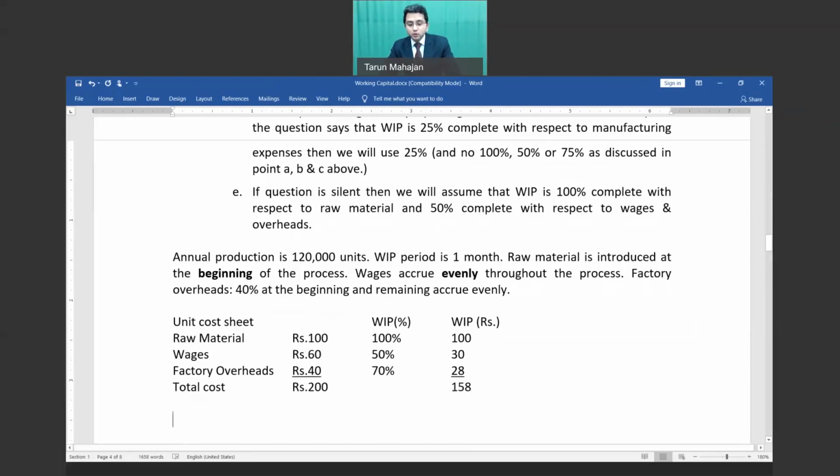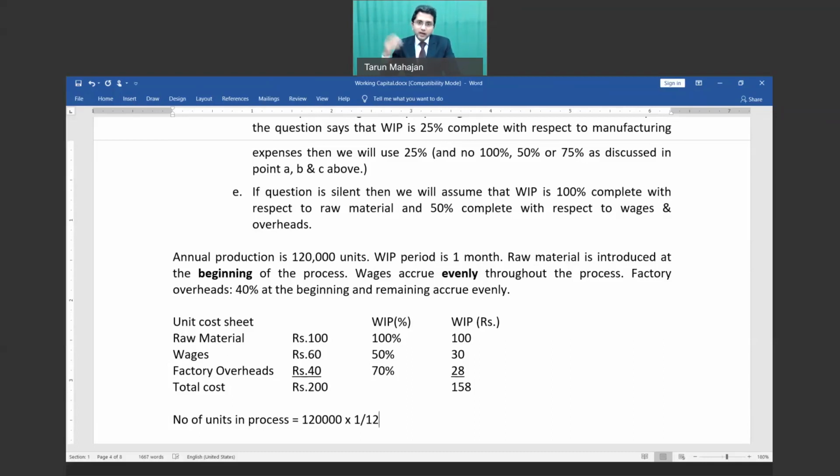Now, the number of units in process. You know, 1,20,000 units per annum are there. And 1 month period is the process period. Annual divided by 12 into period.